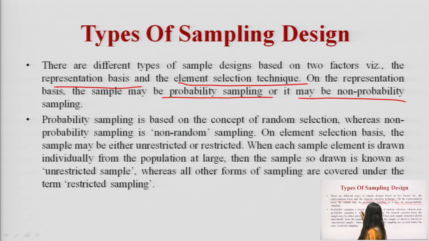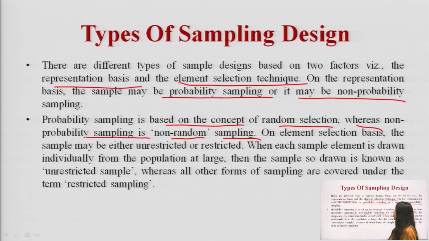Probability sampling is based on the concept of random selection, whereas non-probability sampling is non-random. If you are not selecting the population randomly, then it is non-probability sampling. On the element selection basis, the sample may be either unrestricted or restricted, meaning there is a restriction in selecting the sample or there is no restriction. These features may help you determine your sampling design.